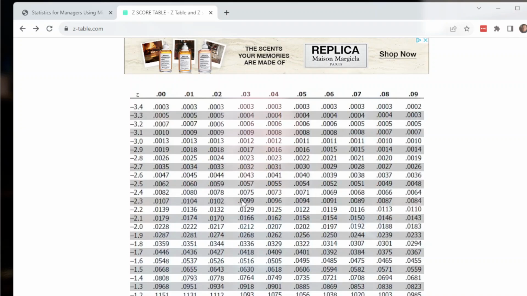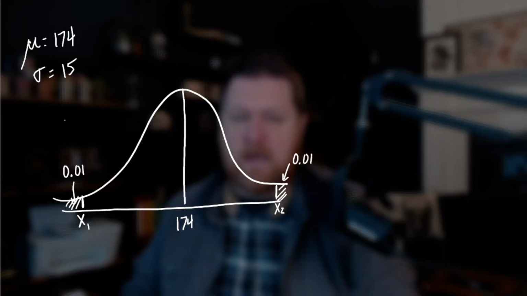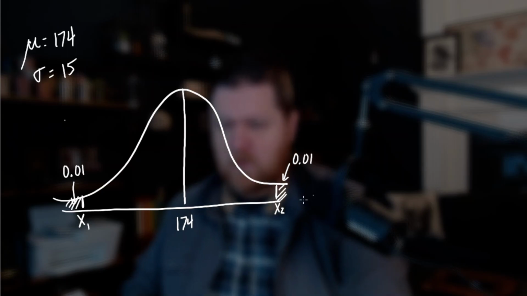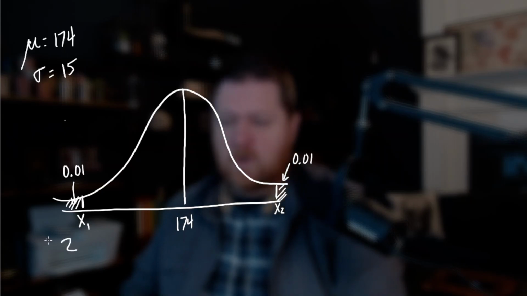The closest to that right here is 0.0099. That's only 1/10,000th off, and that is a z-score of negative 2.33.